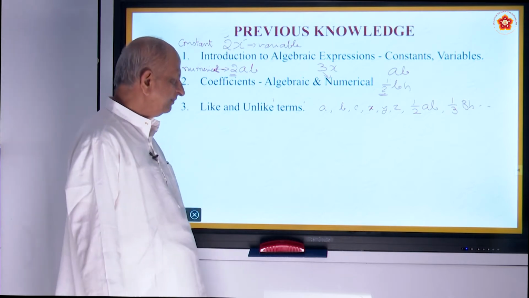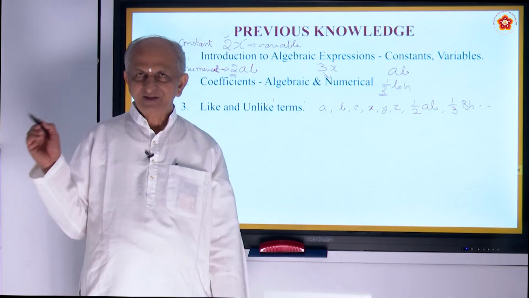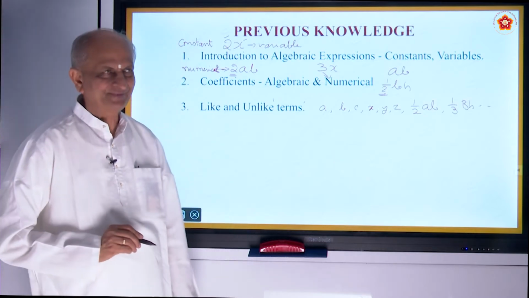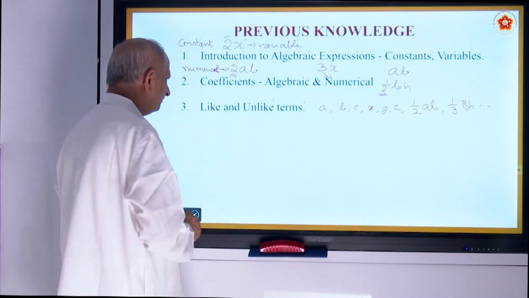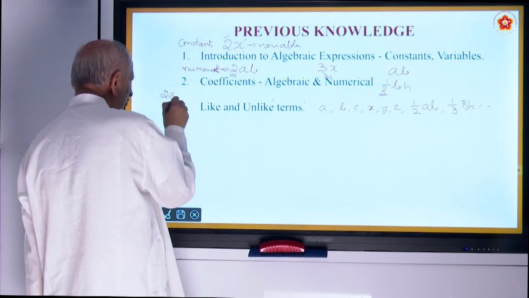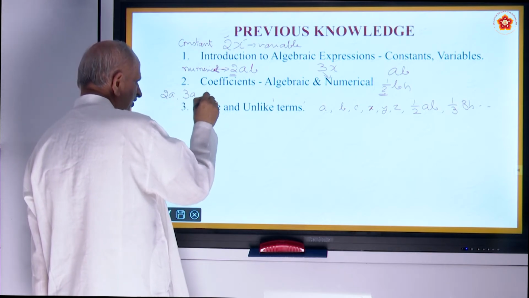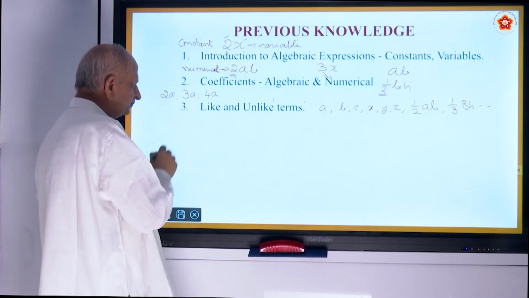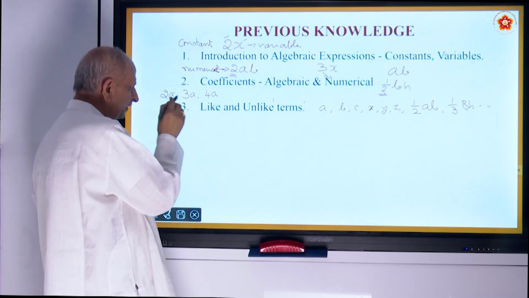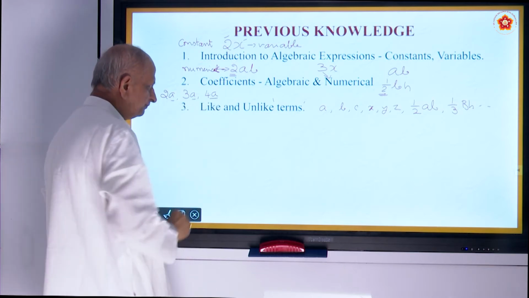And in terms there are two types. One is called like terms and the other is called unlike terms. What do you mean by like terms? Like terms means those which have the same variable part. So these are called like terms, because this a is multiplied by some number, so this a is common in all of them.